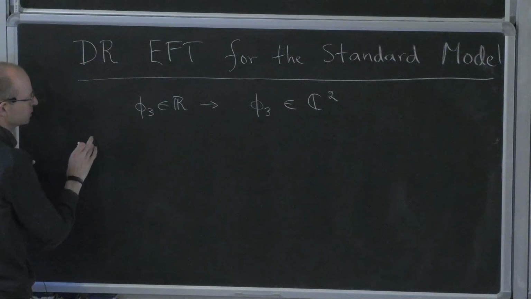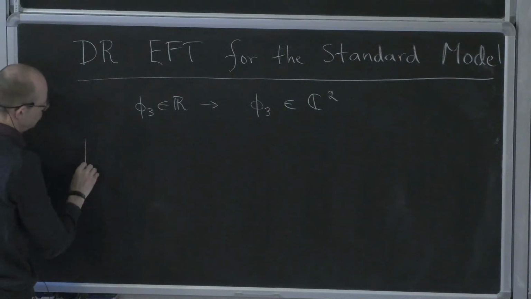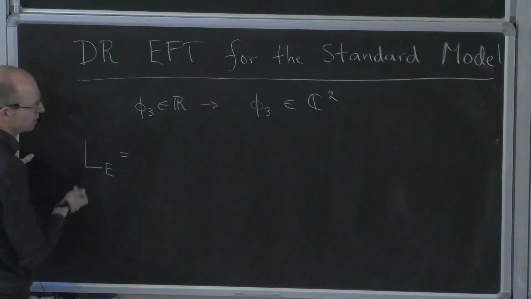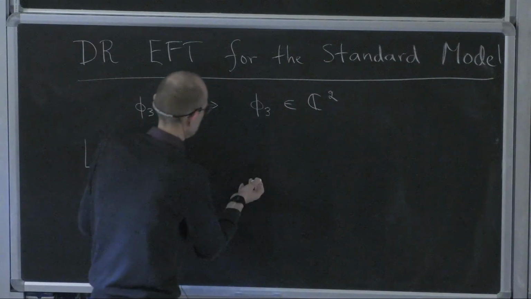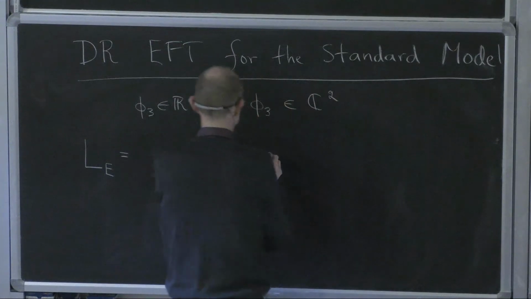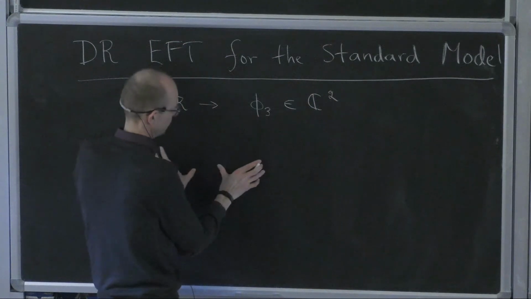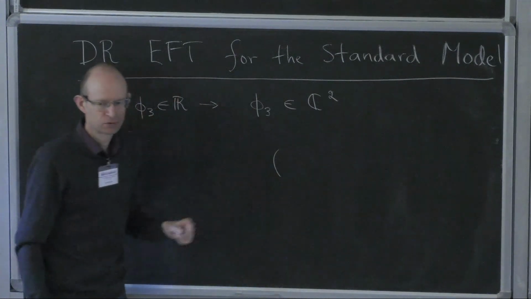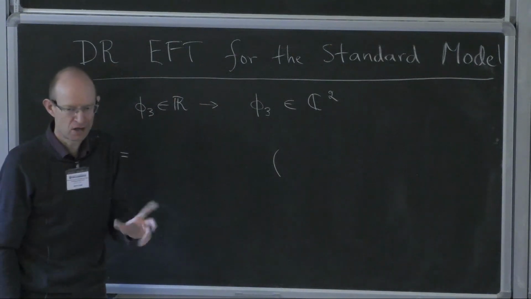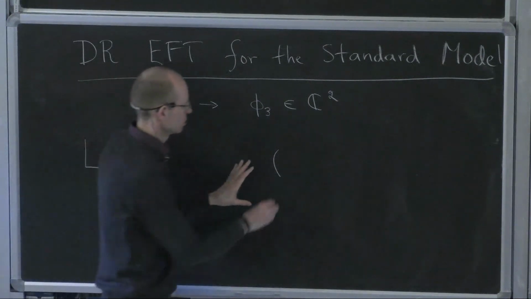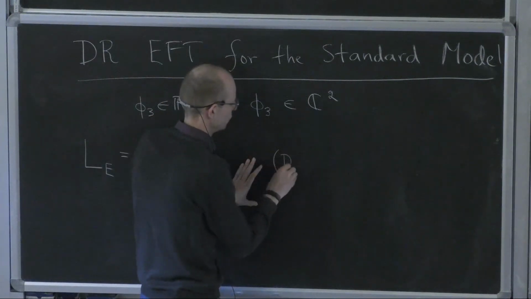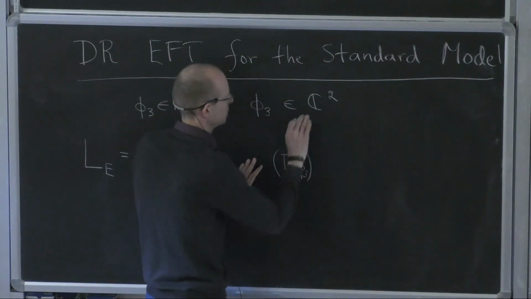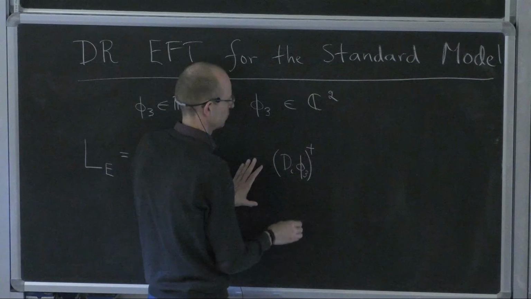But otherwise, things are pretty much the same. Or some parts are the same. The principle is the same: we write down the effective Lagrangian, and now the difference comes that the Higgs doublet is not neutral. It's charged under gauge groups. So instead of the normal derivatives, we have to put here covariant derivatives. And then since it's a doublet, we put here a dagger as a complex doublet.